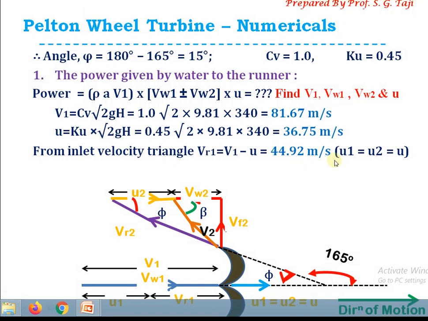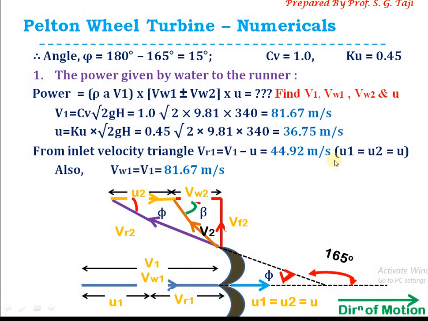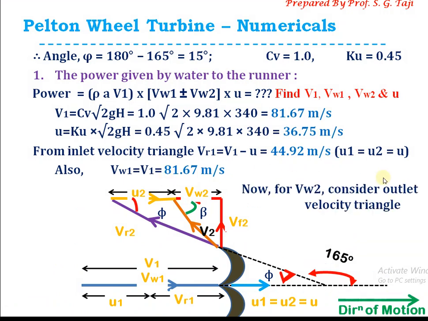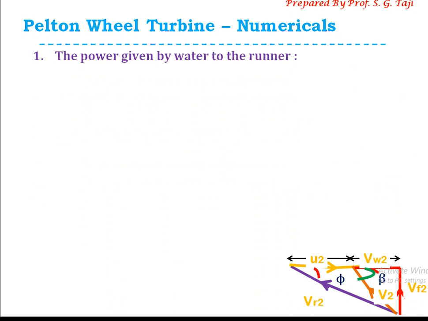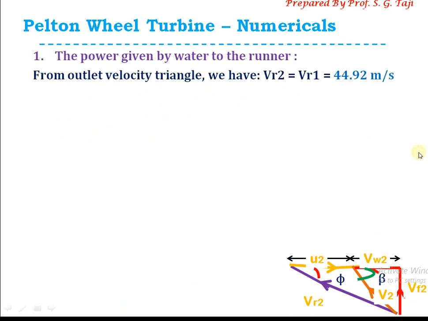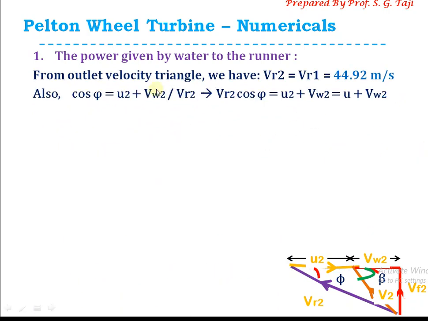Once I find out the Vr1, now consider the outlet velocity triangle, cos of phi. So cos of phi would be equal to u2 plus vw2 divided by vr2. I can write this equation as vr2 cos of phi equals u2 plus vw2. Now we know that u2 is equal to u1 is equal to u.